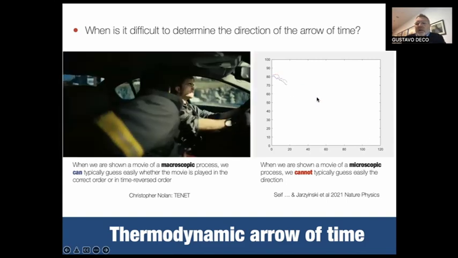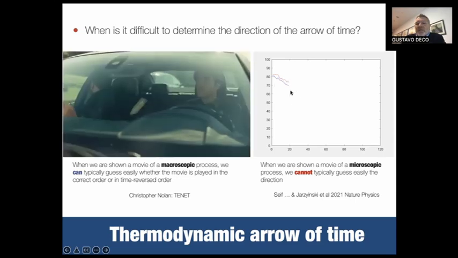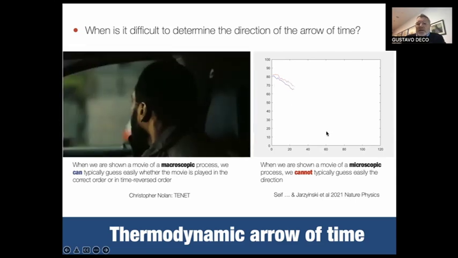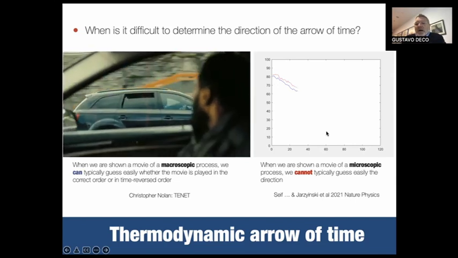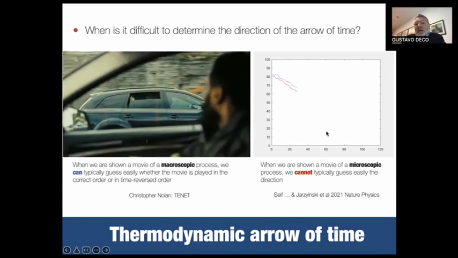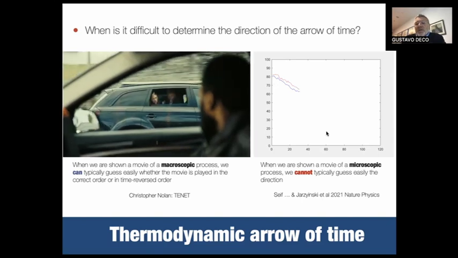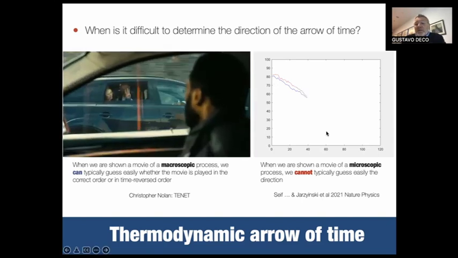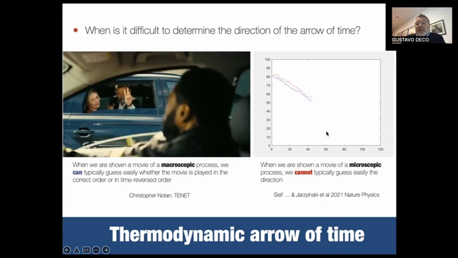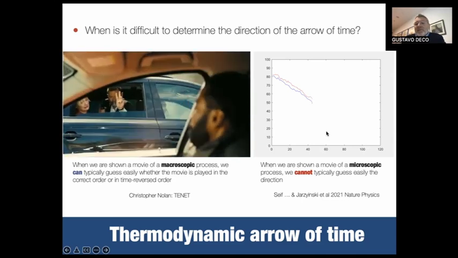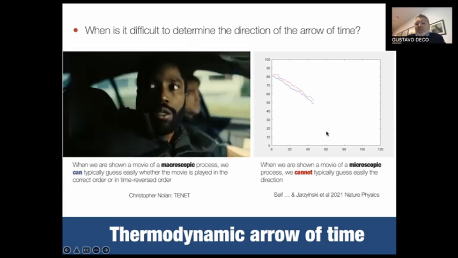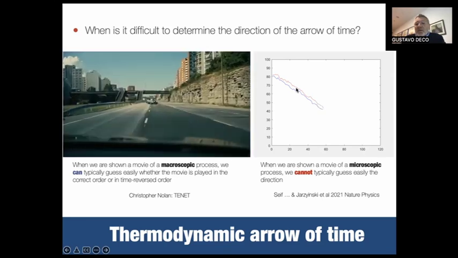And what you see is one of the observables on that particular microscopic physical system. One is showing the evolution in time of this observable in the forward direction, and the other is the reversal, the backward version, exactly like in the movie. And in fact, we cannot distinguish. And to be honest with you, I don't remember who is who.